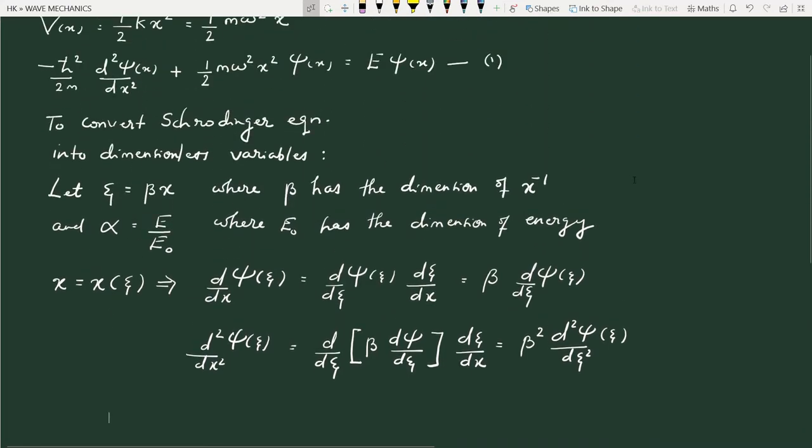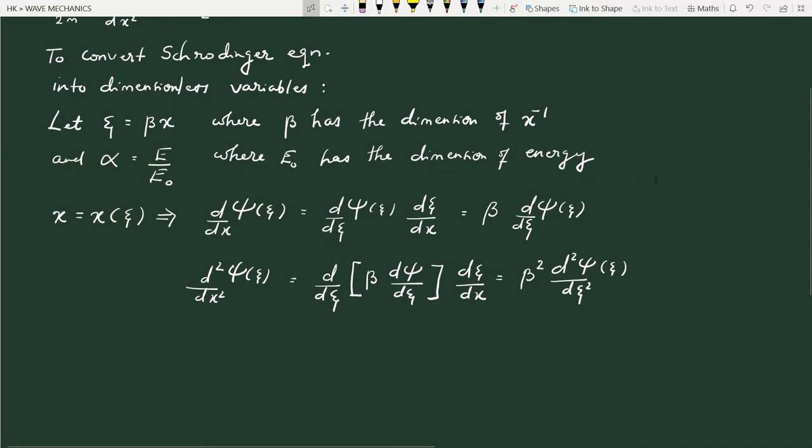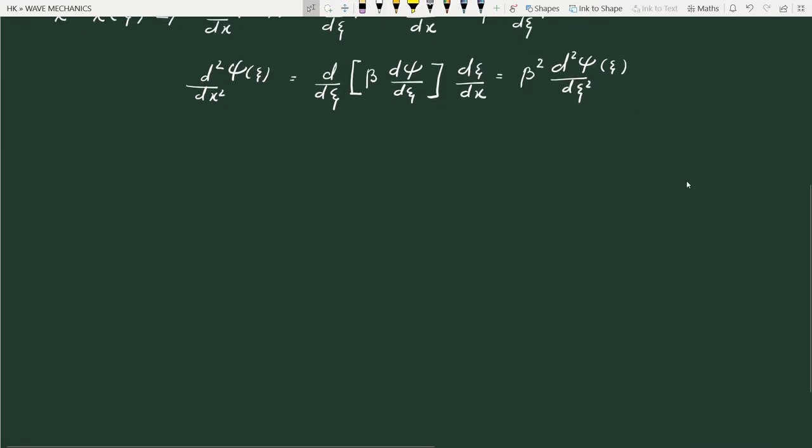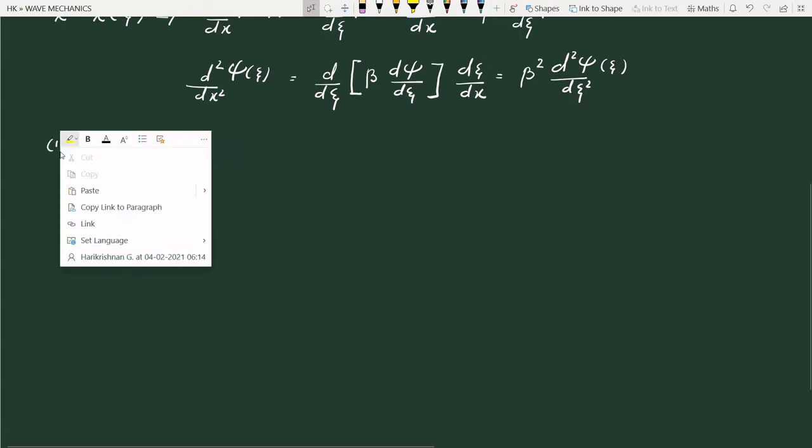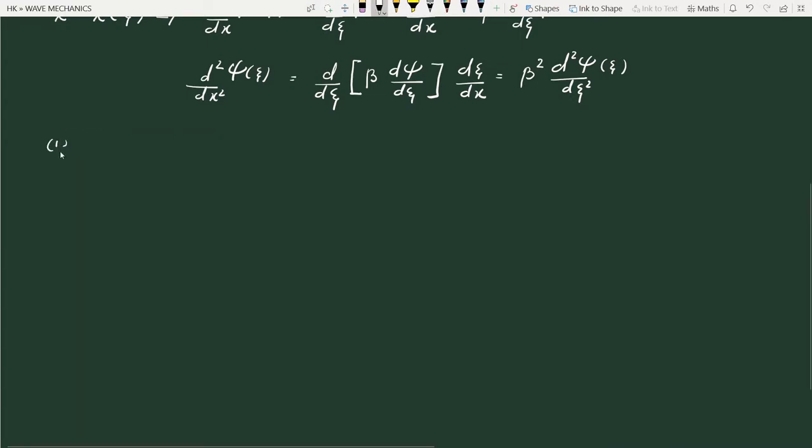So our Schrodinger equation 1 becomes, let's rewrite equation 1: minus h cross square by 2m, then d square psi by dx square. Looking at the previous line, d square psi by dx square is beta square times d square by d theta square of psi theta.